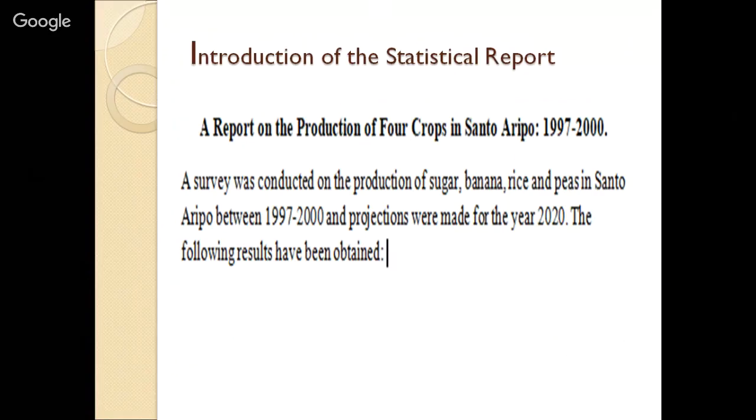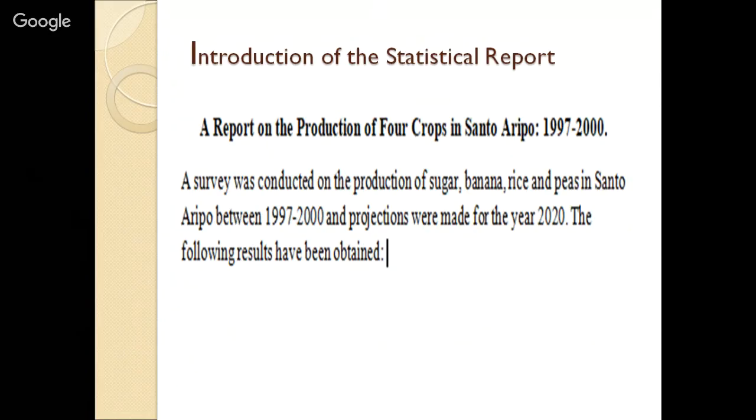Why not 2020? Hunt, I'm not understanding the question. And projections were made for the year 2020. Oh, I think I understand what you're saying, Hunt. Why not say 1997 to 2020? No, because we need to make note that 2020 was a year by itself for which we saw projections being made.